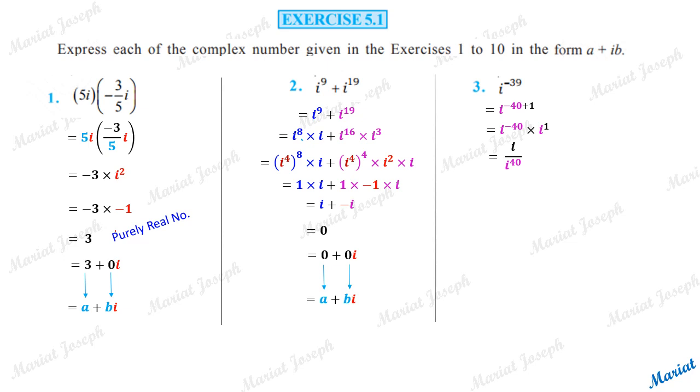So i raised to power minus 4 raised to the power 10. i raised to power 4 is 1. 1 raised to the power 10 is 1. So answer is i. It is a purely imaginary number. So to write the standard form, you have to write 0 plus 1i. This is the standard form.